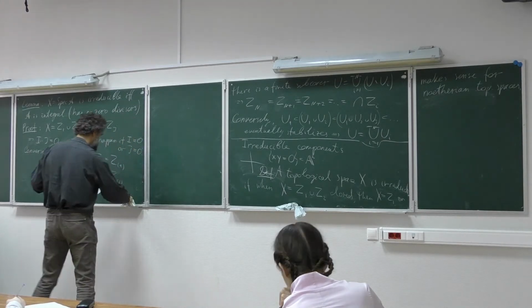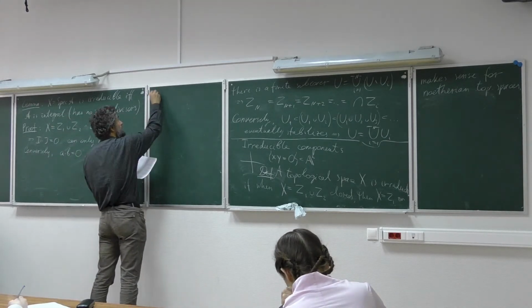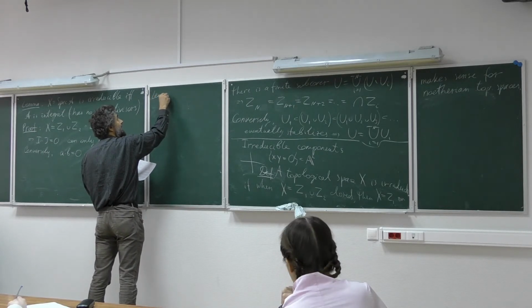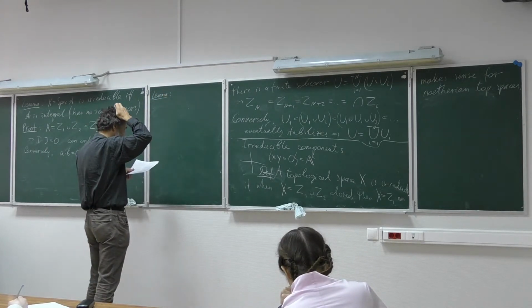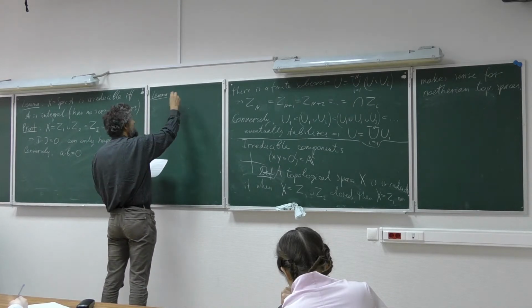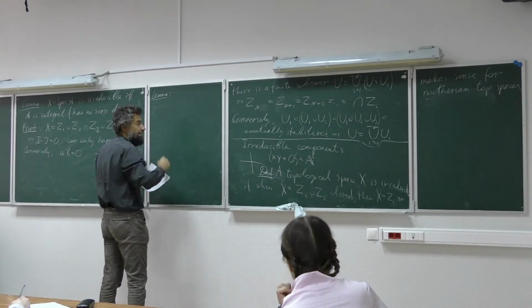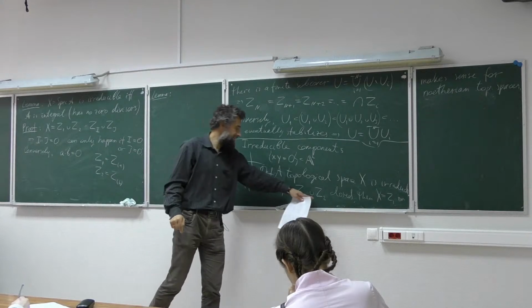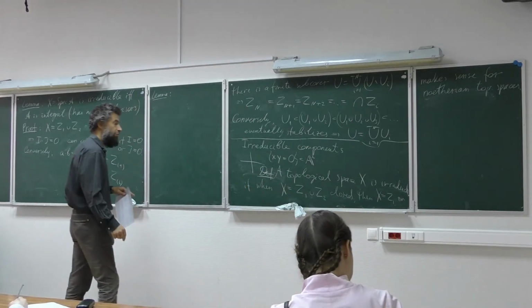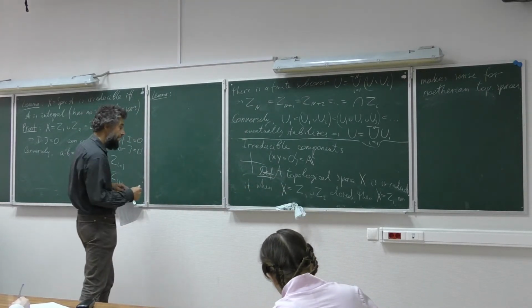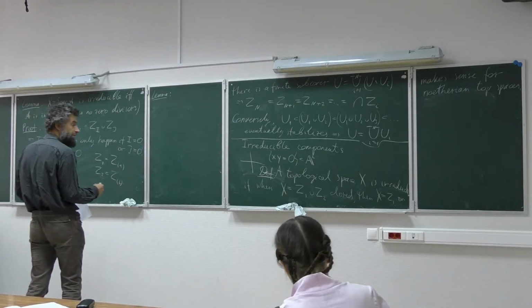So the next lemma is that any Noetherian topological space is a finite union of its irreducible components. Maybe I should say what is an irreducible component.